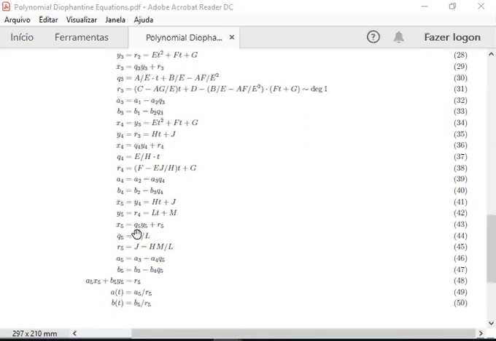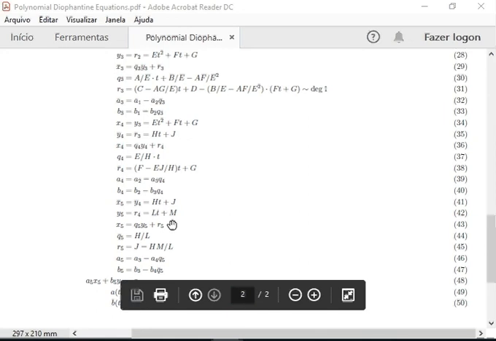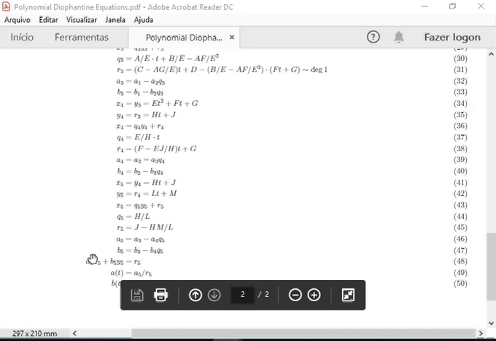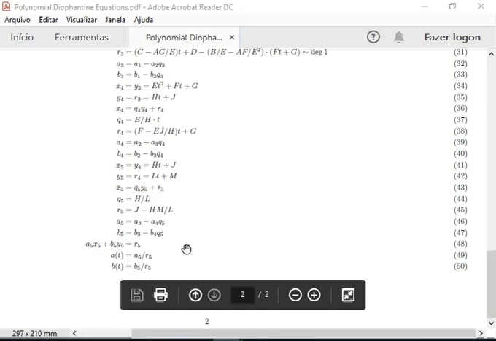The quotient is q5 and the remainder is r5. Who is q5? Divide H by L plus 0. Who is r5? J minus HM divided by L. Who is a5? It is a3 minus a4 times q5. Who is b5? It is b3 minus b4 times q5.